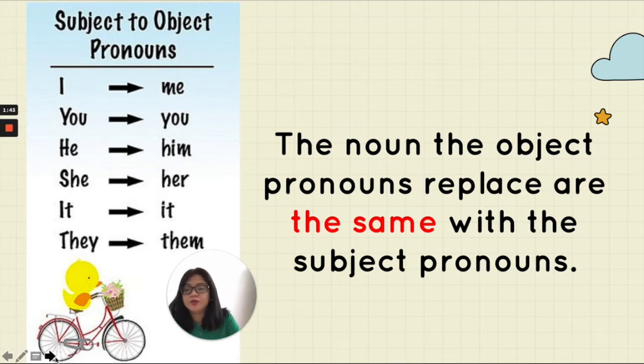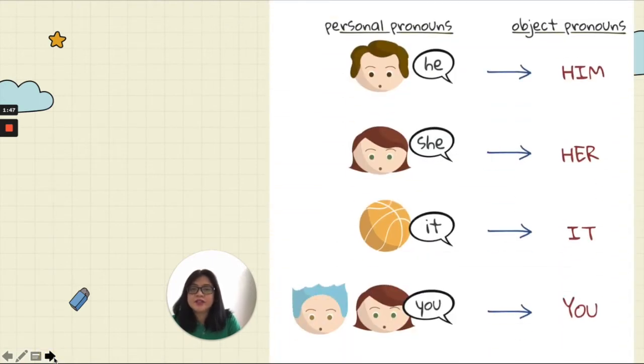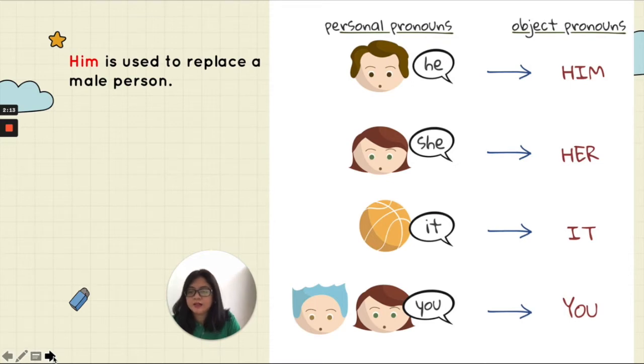I'm going to show you examples on how to use these. For example, your personal pronoun he will become him. The personal pronoun she will become her. The personal pronouns it and you will stay the same. Again, him is used to replace a male person's name or a male person noun.